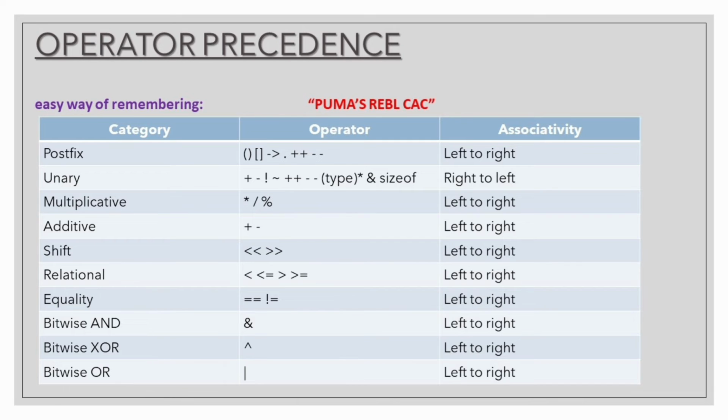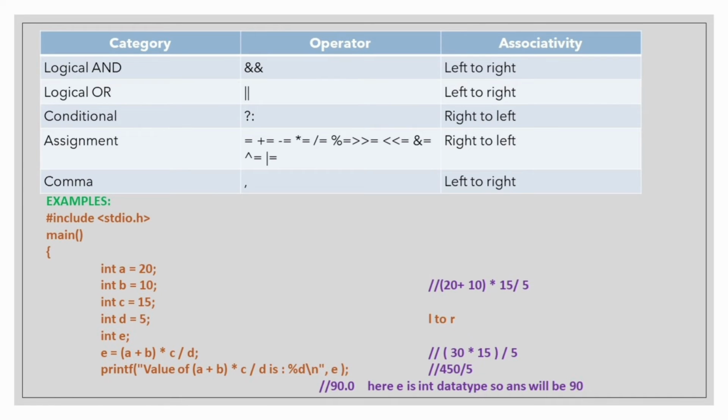Unary follows the right to left associativity rule. The next priority list is as follows: logical AND and logical OR follow the associativity rule from left to right, whereas the conditional and assignment operators follow the associativity rule from right to left, and comma is left to right.